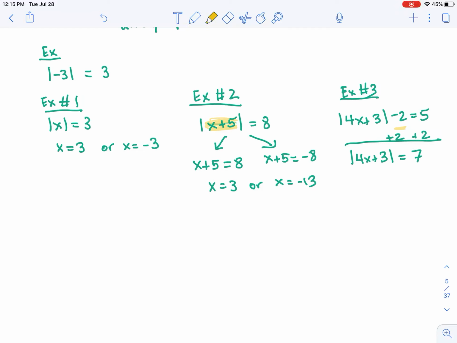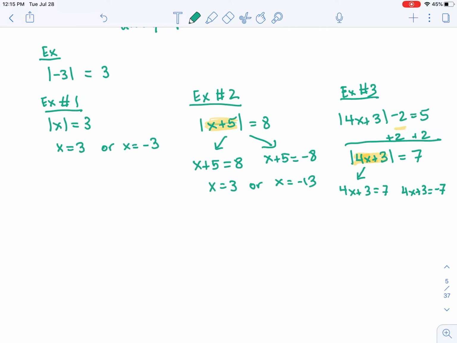And then at that point, we would now take the 4x plus 3 and set that equal to a +7 as well as a -7 and continue to solve the rest of the way.